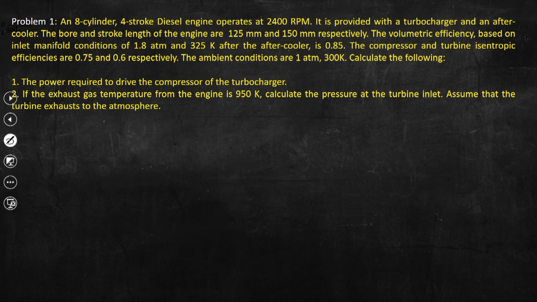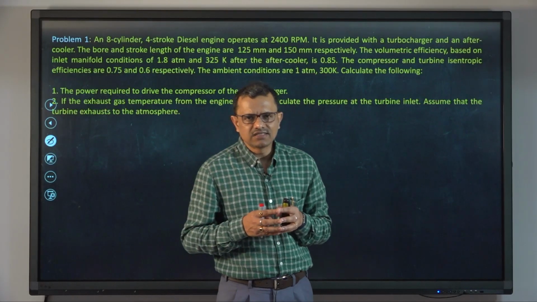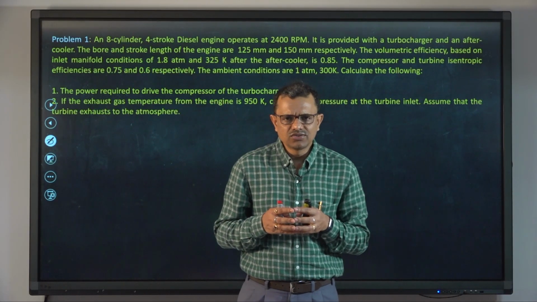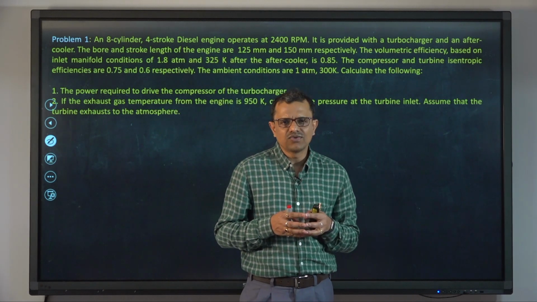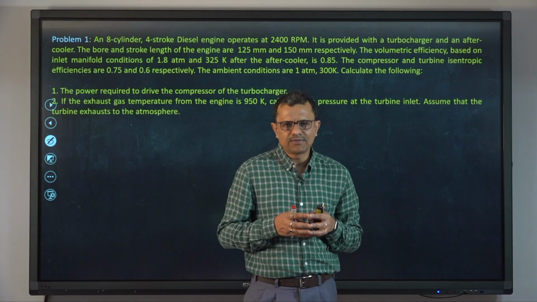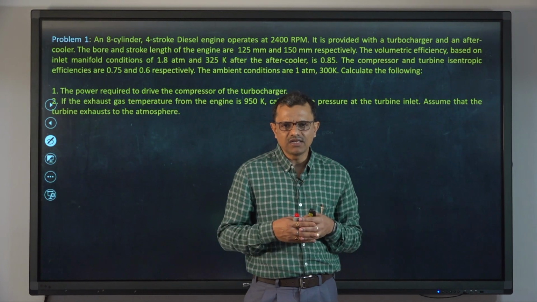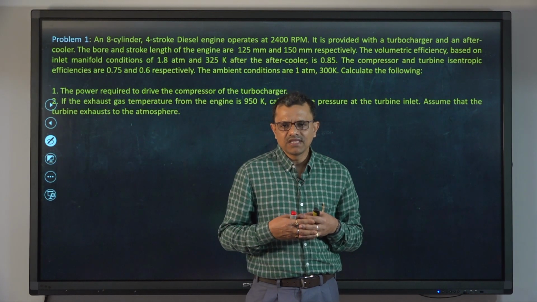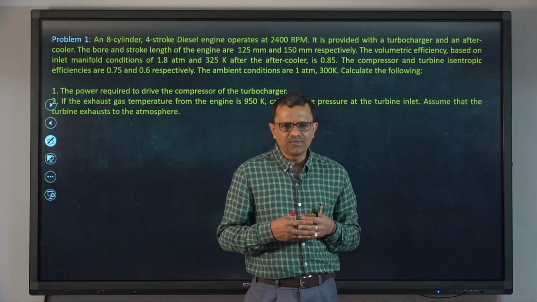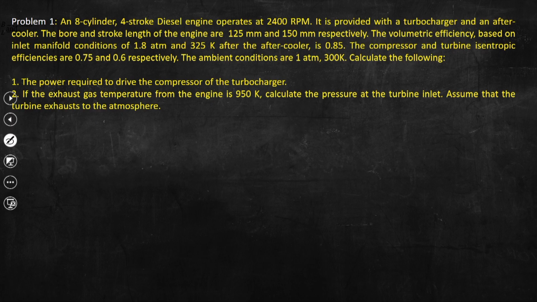So, the volumetric efficiency is calculated based on the manifold conditions, those are basically pressure and temperature, 1.8 atmospheric pressure and 325 Kelvin temperature after the aftercooler, and it is given as 85%. The compressor and turbine isentropic efficiencies are 75% and 60% respectively, that is 0.75 and 0.6. The ambient conditions are 1 atmospheric pressure and 300 Kelvin temperature.